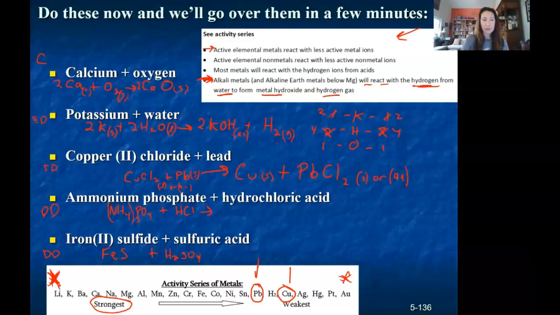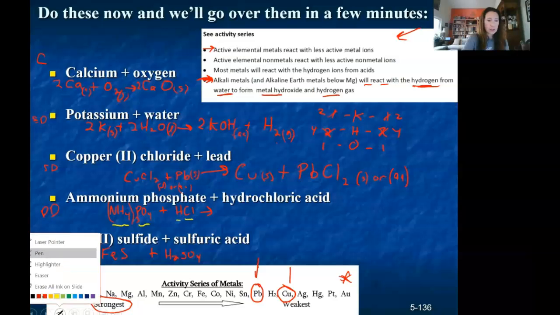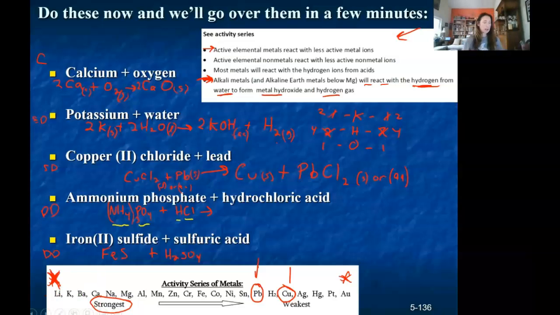Okay, next one, double displacement. How did I know it's double displacement? Because 1 compound, 2 compound, right? That's how I know it was a double displacement. So when you do this, whoever is positive stays first, whoever is negative stays second.